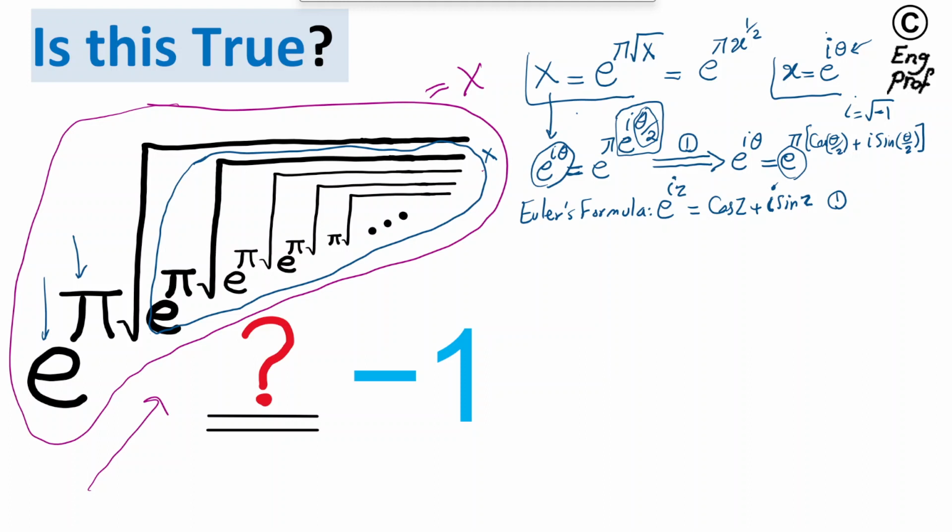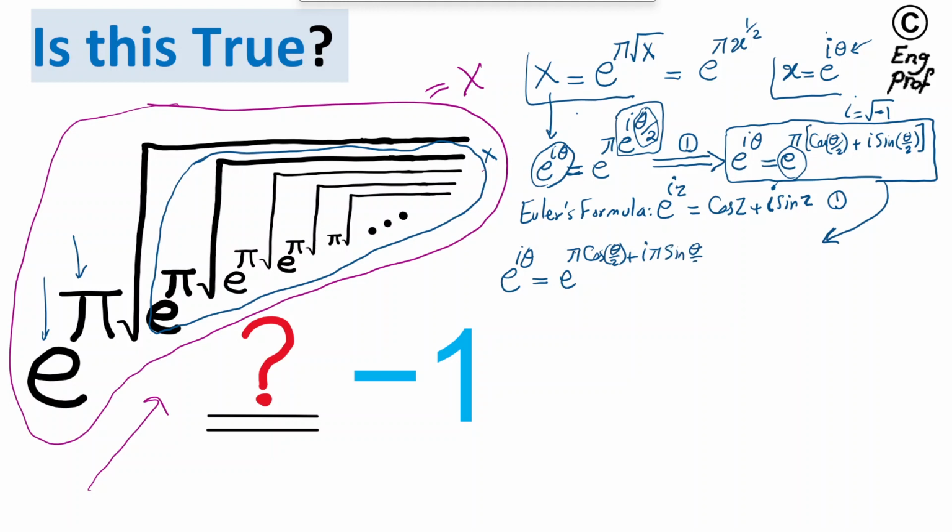Let's further expand this so that it can be easily seen. You can see that I'm saying e to the i theta is equal to e to the pi cosine theta divided by 2 plus i pi sine theta divided by 2.